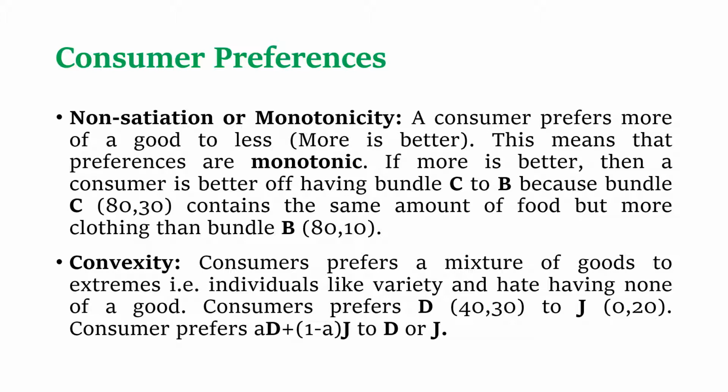What the convexity assumption is saying here is that if he takes an average of those two, say 0.25 of C plus 0.75 of B, he is better off than just selecting one of those bundles, either C or B. So instead of choosing bundle B or bundle C, he can just take an average of the two, maybe half of B plus half of C. That particular bundle is better than just choosing one of them.